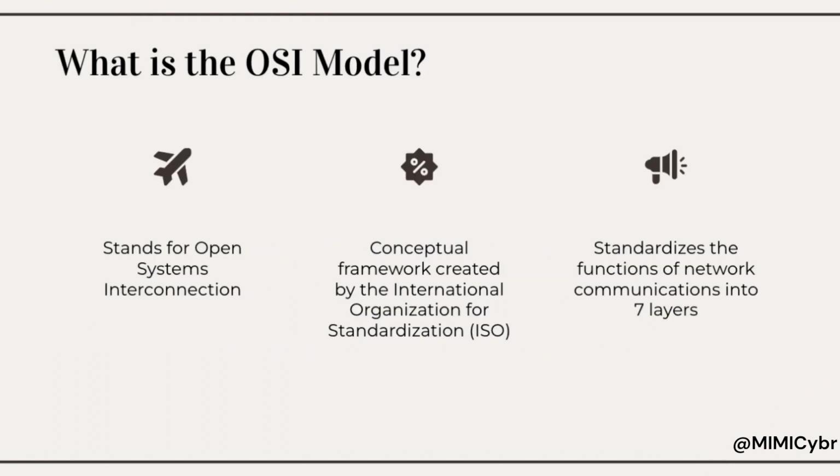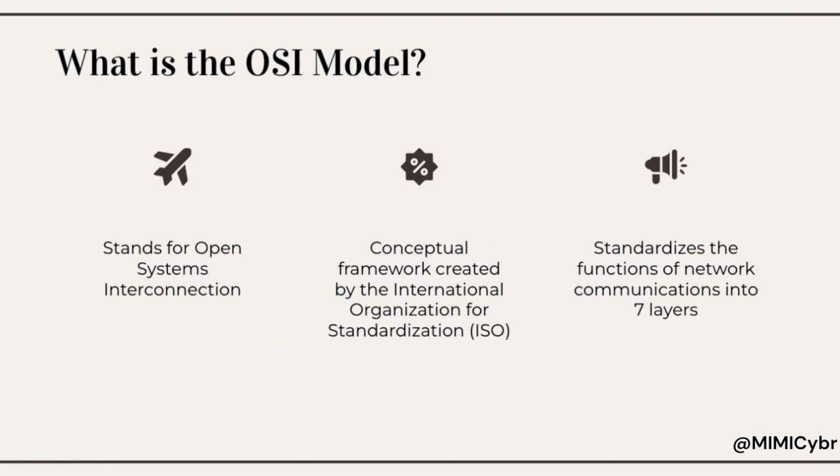Before we begin talking about the 7 layers of the OSI model, we actually need to understand what exactly the OSI model is. OSI stands for Open Systems Interconnection, and it's a conceptual framework created by the International Organization for Standardization.